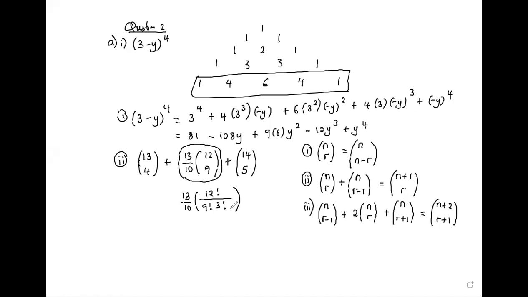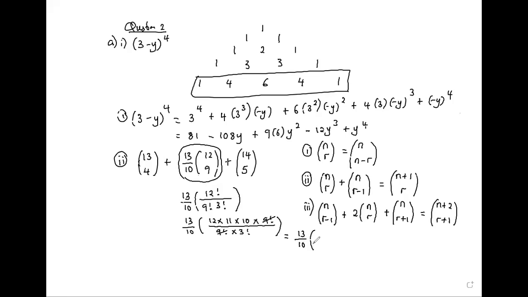So we can reduce 12 as 12 by 11 by 10 up to 9 factorial, over 9 factorial by 3 factorial. So this 9 factorial and this one can cancel. And then we have 13 over 10.